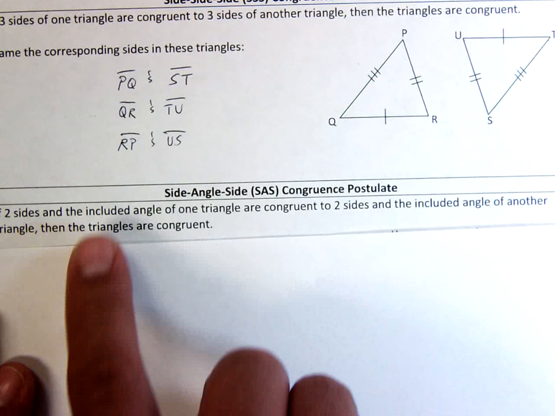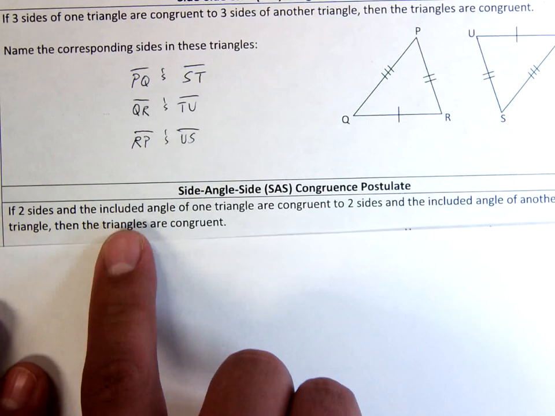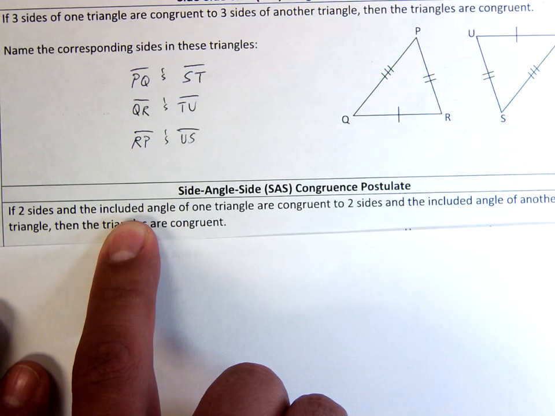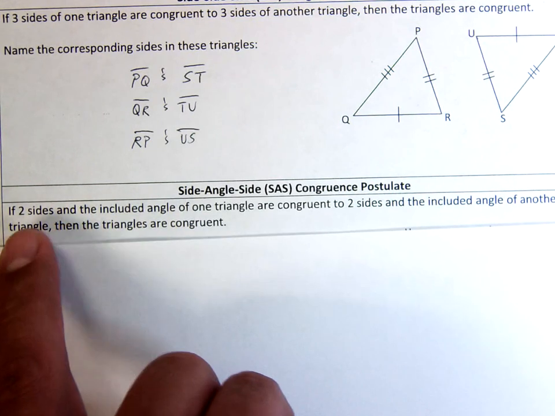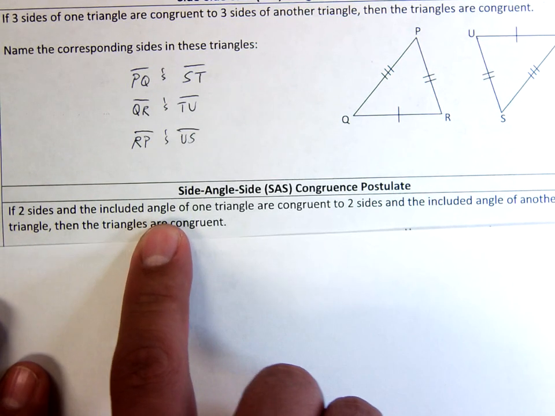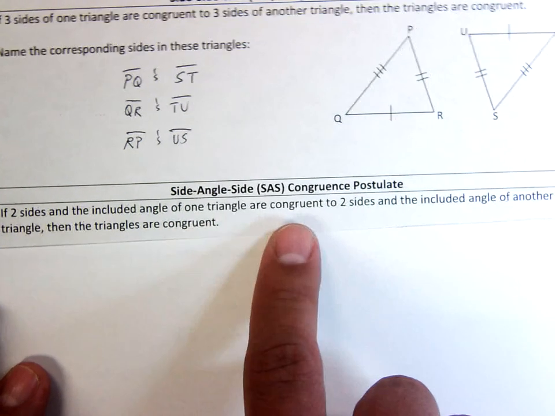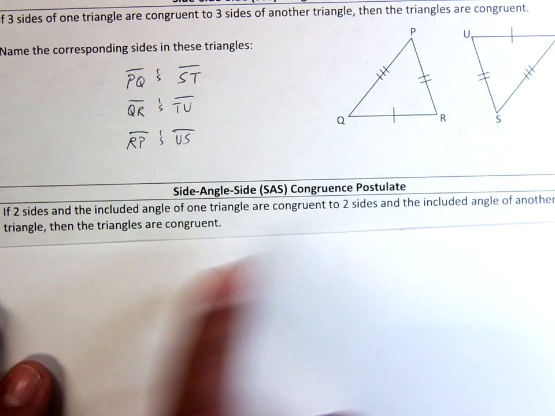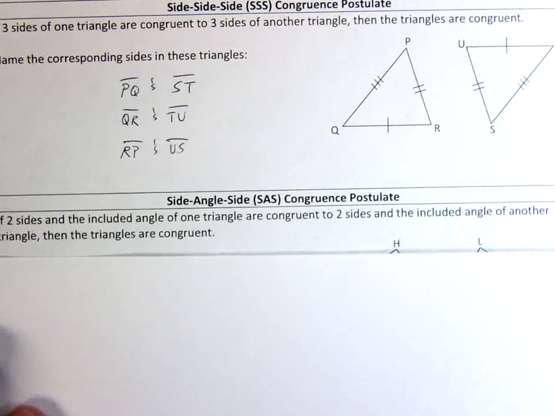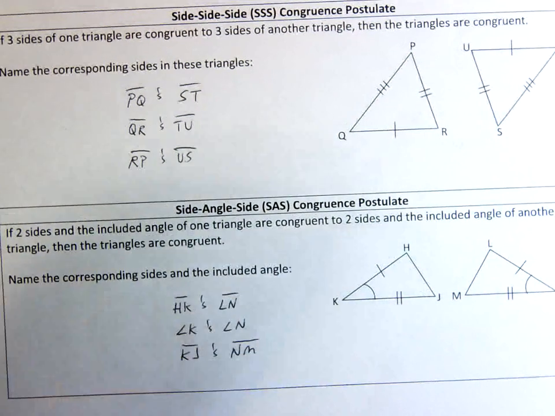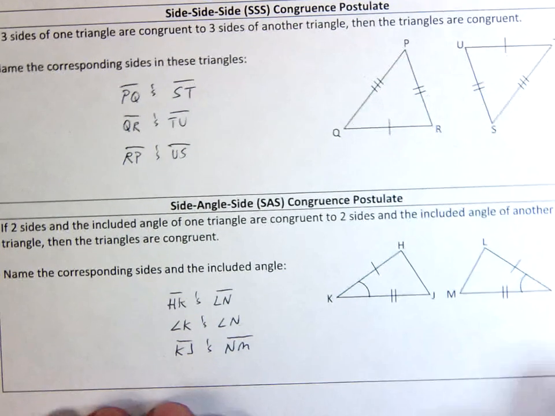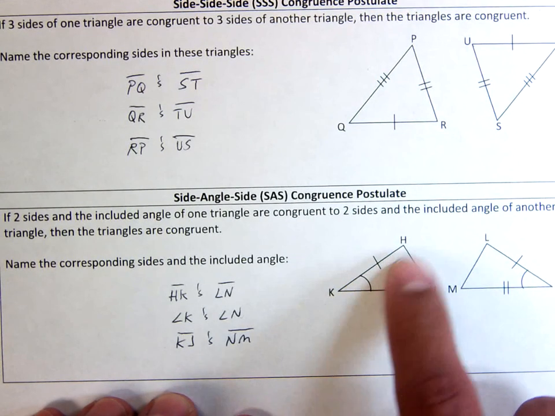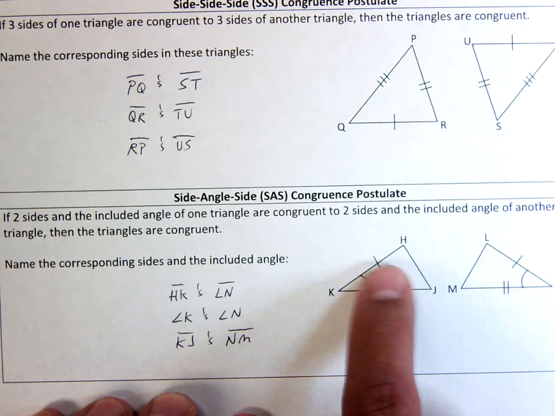If two sides and the included angle, not just any angle, but the angle between those two sides, of one triangle are congruent to two sides and the included angle of another triangle, then the triangles are congruent. So we look at our picture, and because of the tick marks, I know that HK matches up with LN. They each have one tick mark.